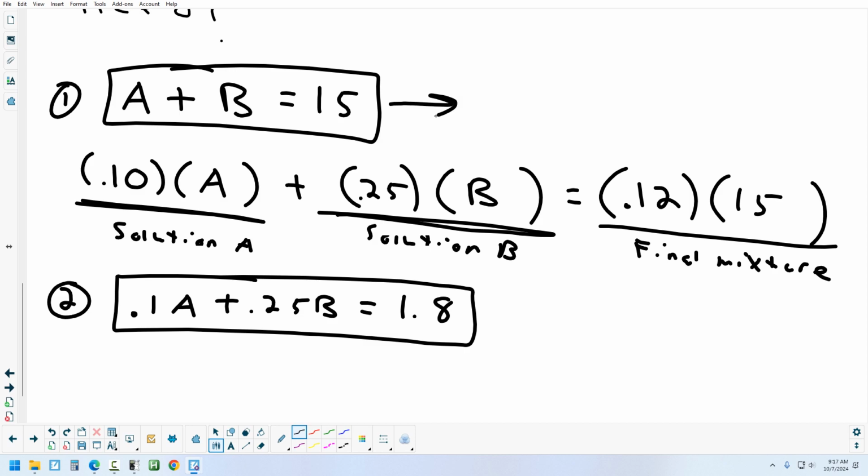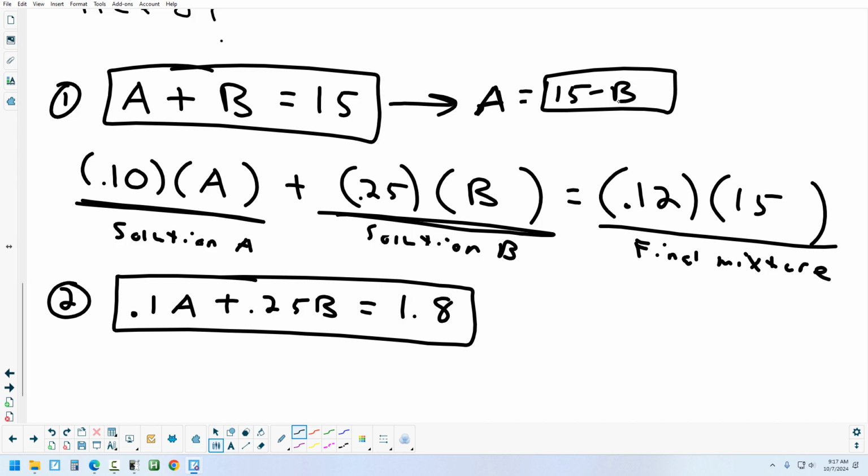What letter do we want to get by itself in equation 1? It doesn't matter. A. So we're going to get A by itself. If we got A by itself, what would be in that box? 15 minus B.